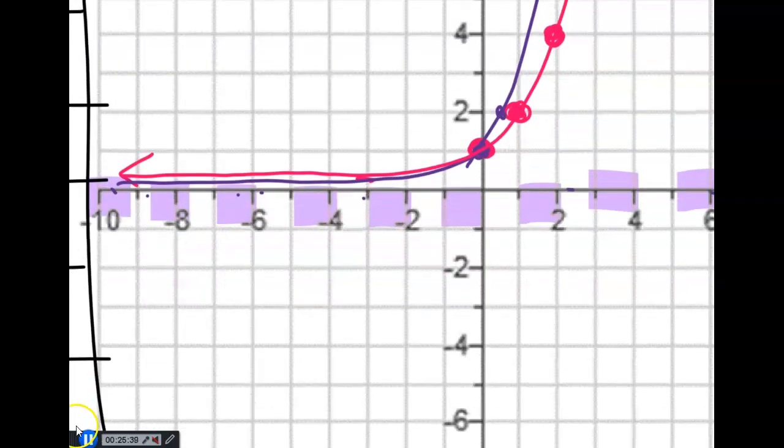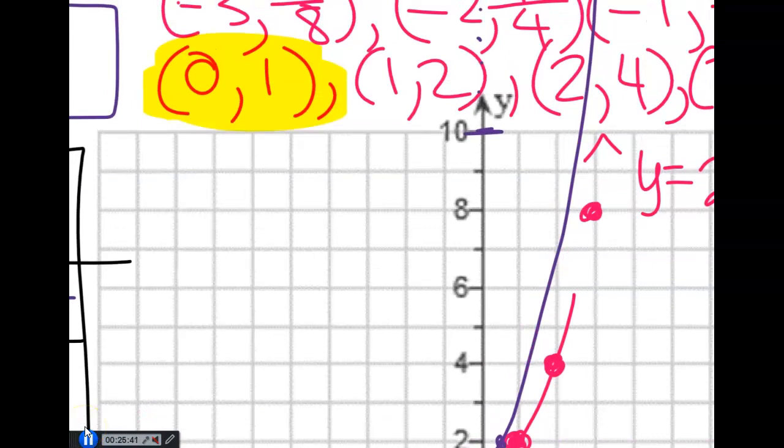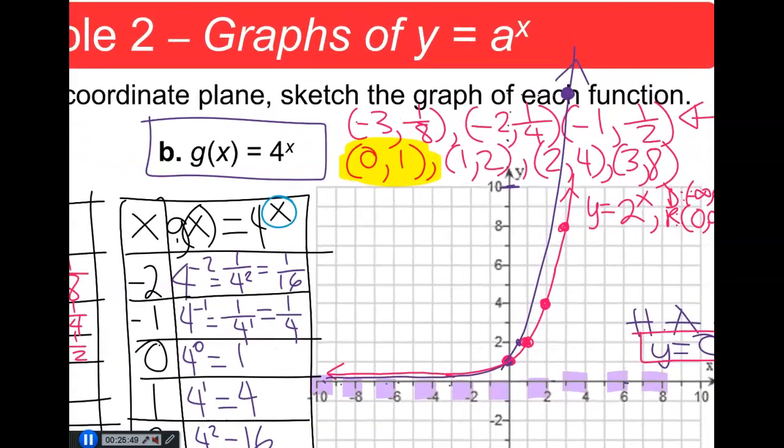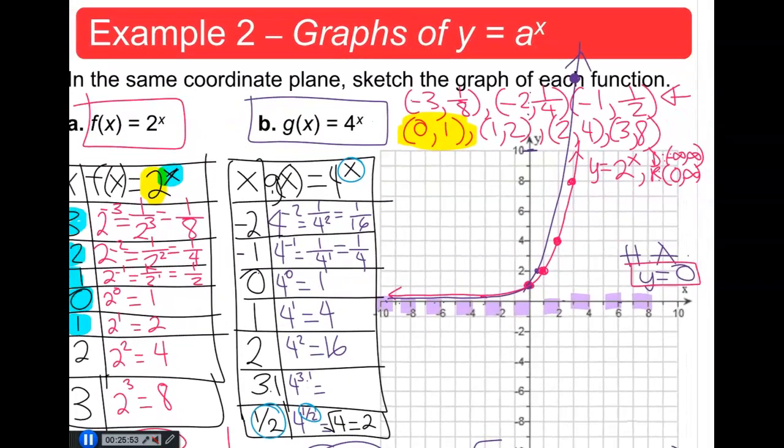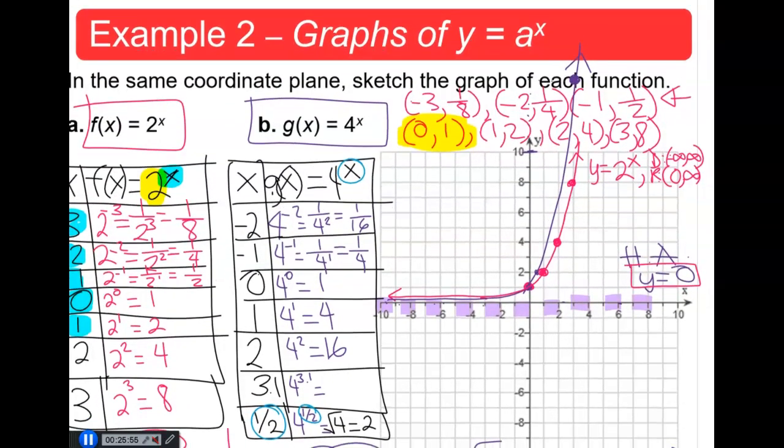And in fact, if I was to keep going, you could see how the graph in purple, which is representing the function y equals 4 to the power x, is growing faster.